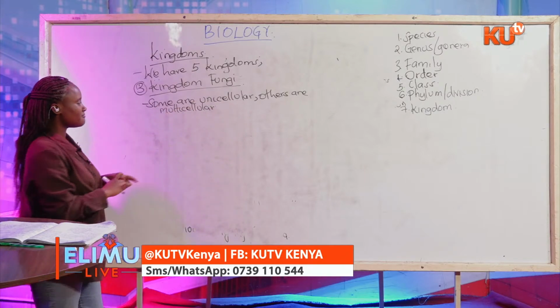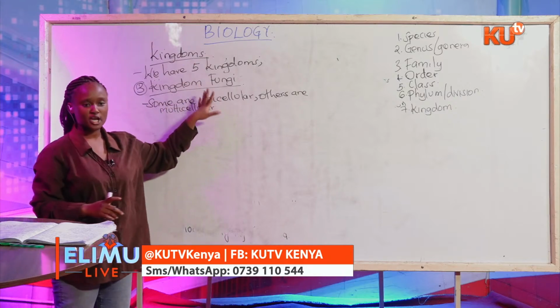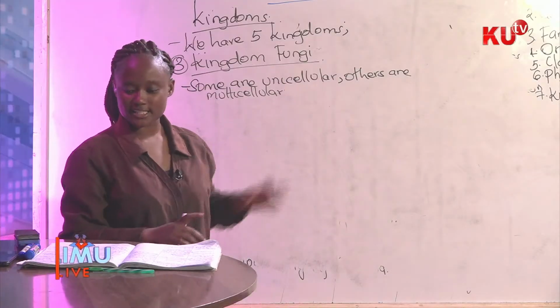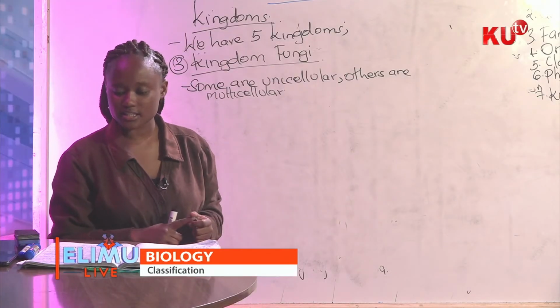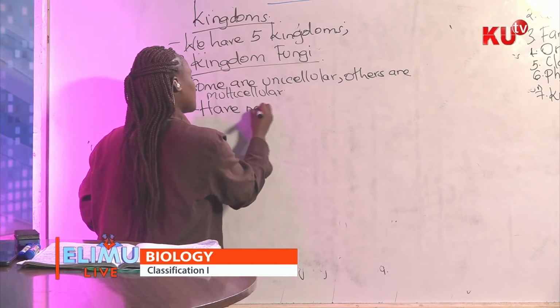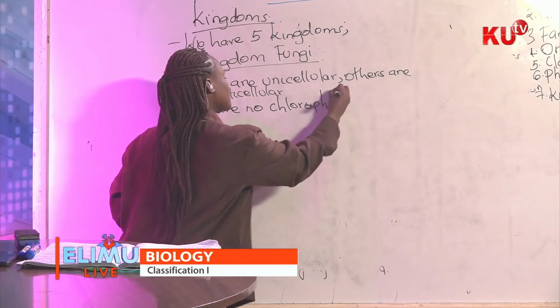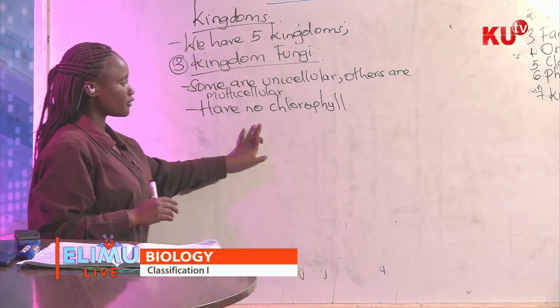Multicellular means they have multiple cells, and unicellular ones have only one single cell. They have no chlorophyll, which is the green coloring matter. They lack the chlorophyll.